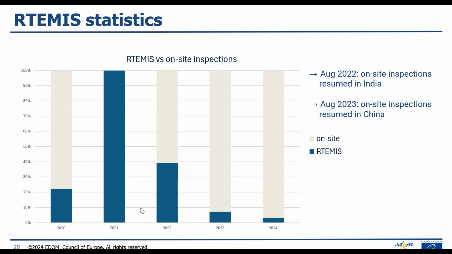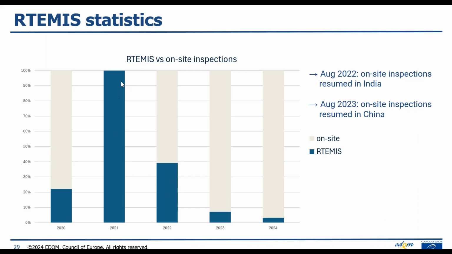This slide then just shows the proportion of Artemis we've performed compared to on-site inspections in recent years. The process was introduced in 2020 when the pandemic broke out. Almost 70% of on-site inspections were performed before the travel restrictions were introduced.